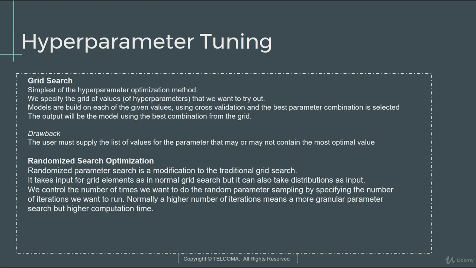Your model might actually find the hyperparameter with the most optimal value. So rather than passing a grid of values, you pass a distribution of values, and the algorithm smartly takes the most optimal value from the distribution. So that's hyperparameter tuning: two very basic and intuitive techniques, grid search and randomized search optimization.